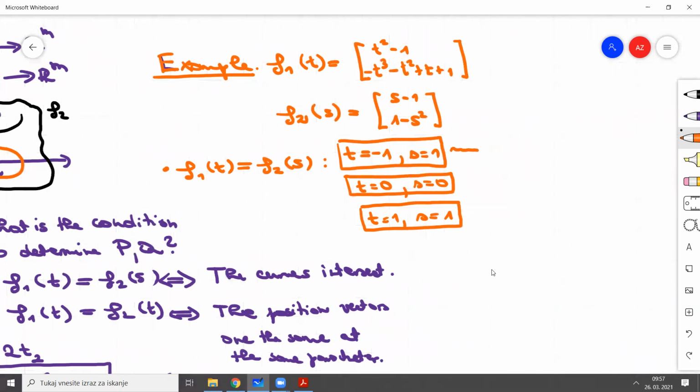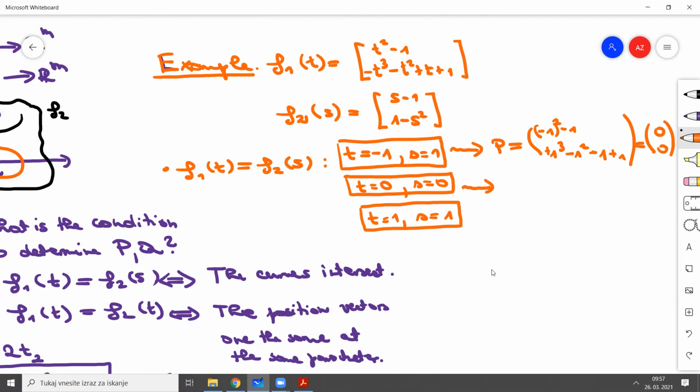So here we put minus 1 into the equation of f1. What we get is minus 1 squared minus 1, and the second coordinate is minus 1 cubed minus 1 squared. Here minus 1 cubed, of course, gets minus, so minus 1 minus 1 plus 1... So the first coordinate is 0, and the second coordinate is also 0.